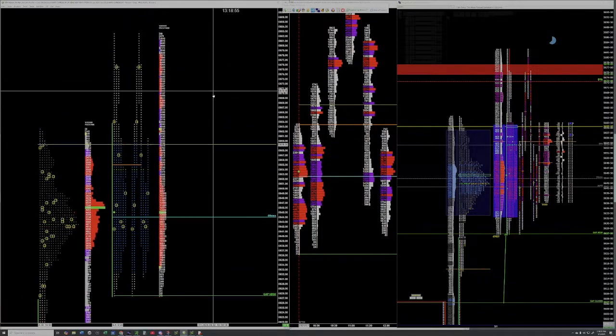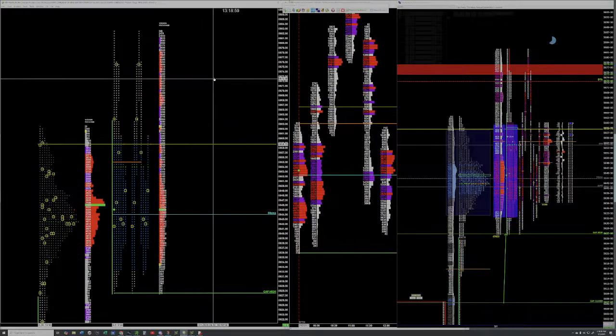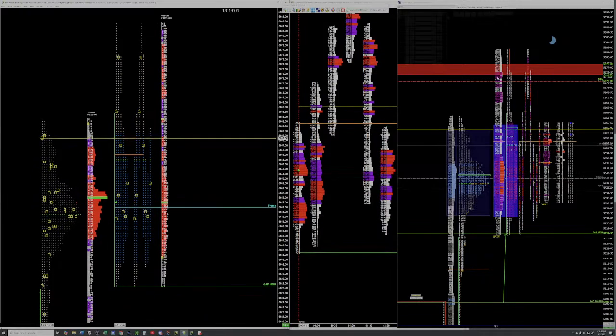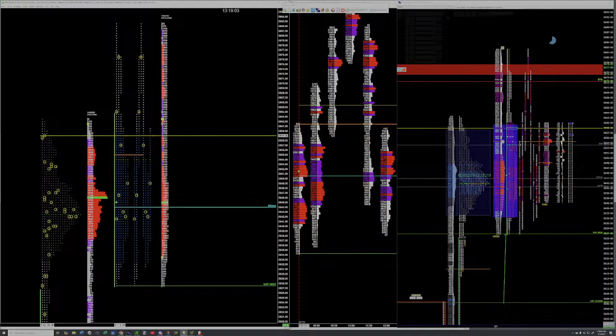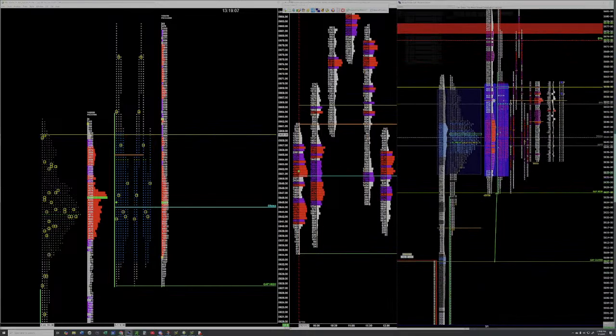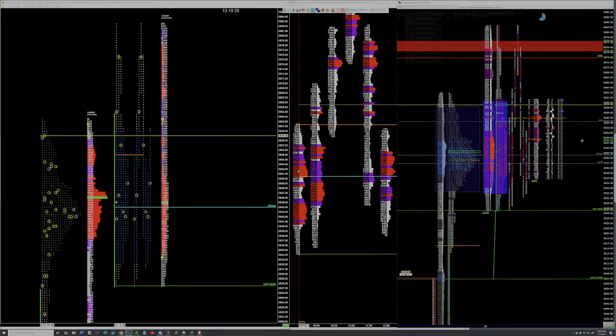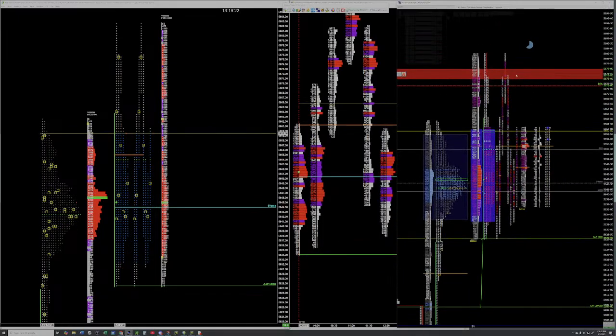I cannot see that in Sierra, man. This one here is more questionable than this one. It seems that the high may be in here, but who knows?